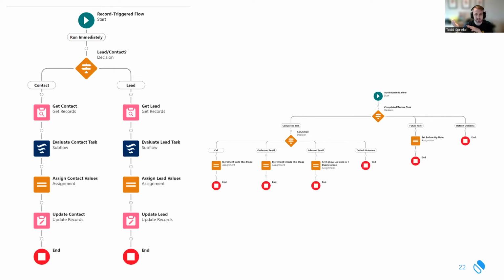How I do this is I create some flows on tasks that evaluate what kind of task this is, and then update the values on the lead or contact. I do this with one flow and a subflow, where I handle lead and contact differently, but the logic of whether this task is a call, email, etc., is the same. So I delegate that to the subflow, where we're just looking at whether this is a completed or future task.